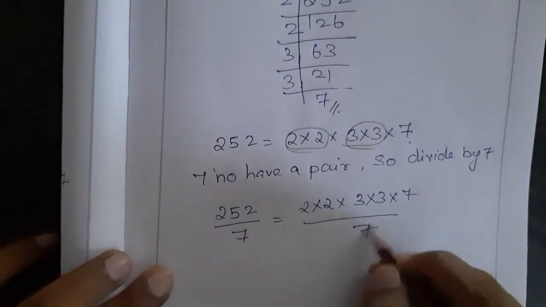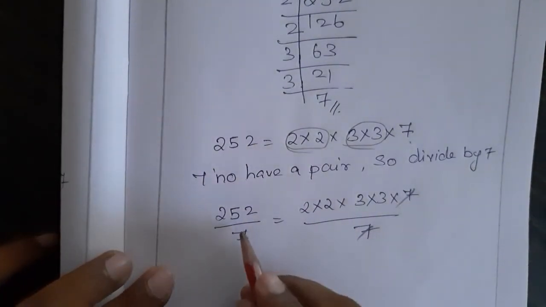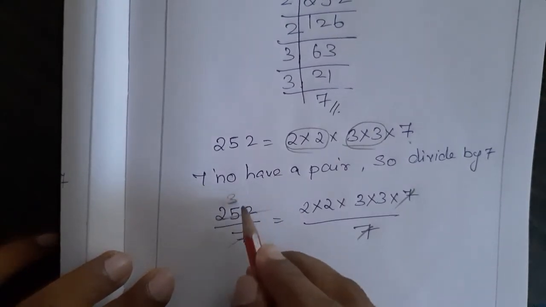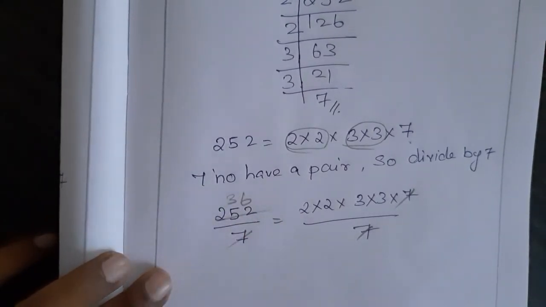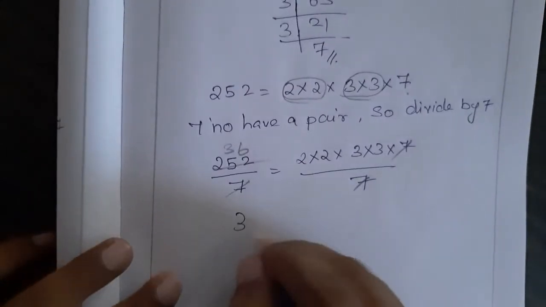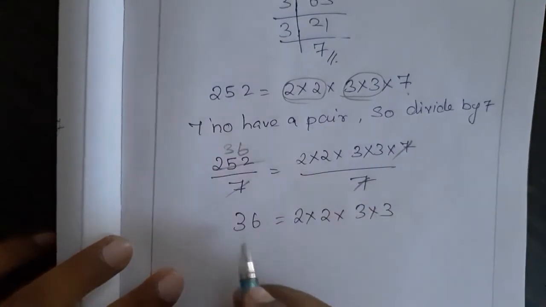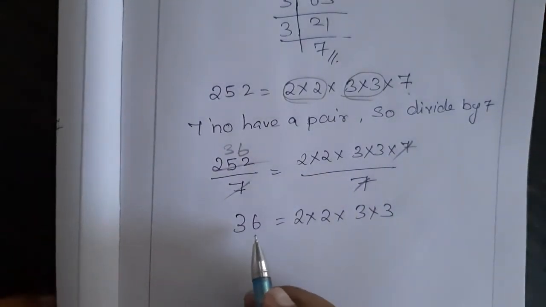So 7 by 7 is 1, and in the 7 table, 7 times 36 is 252, right? So 36 is equal to 2 into 2 into 3 into 3. So 36 is the square number that we required after dividing, right?